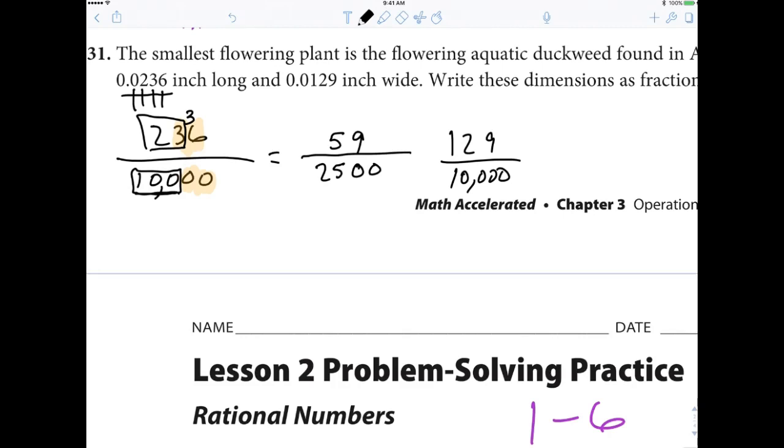So I'm just going to say this is 3 times 43 over 10,000. Does 43 go into 10,000? No. Does 3 go into 10,000? 3 is prime and 43 is prime, so it can only be that. Does that fraction really reduce? No.